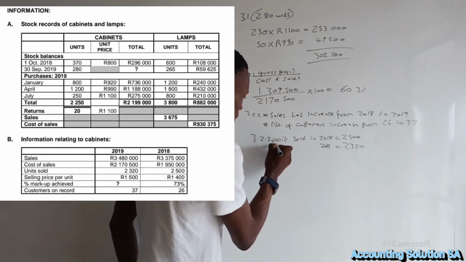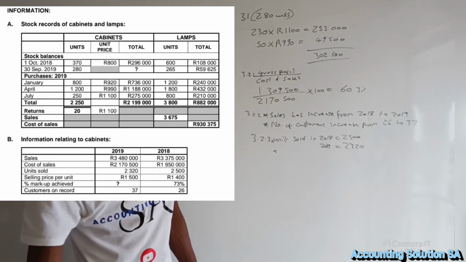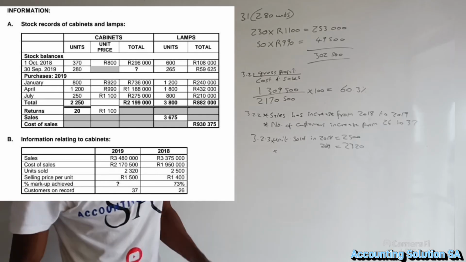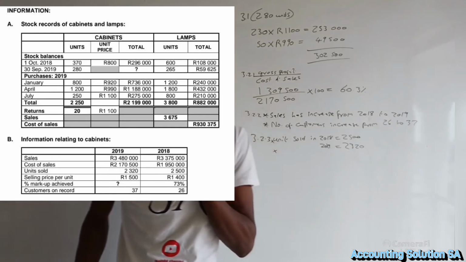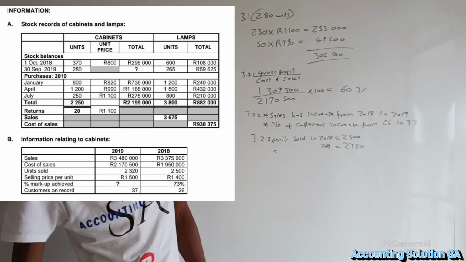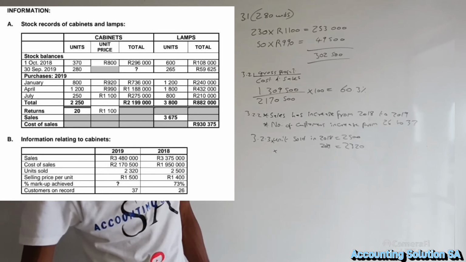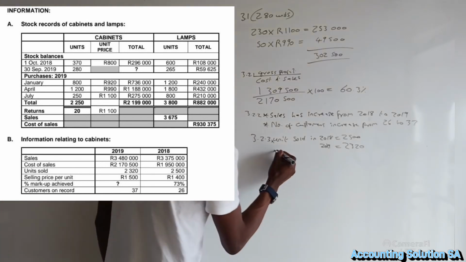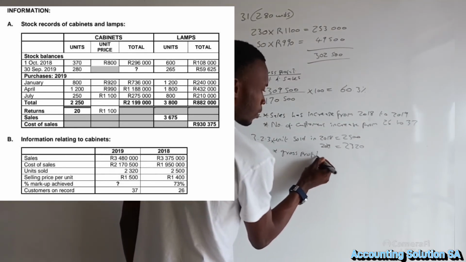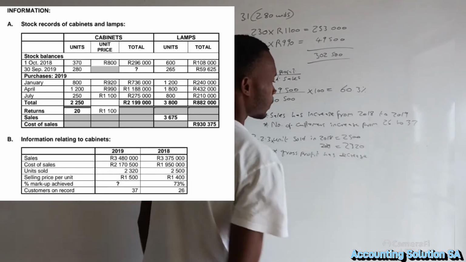Then another reason that we need to provide, let's check our table again. If you calculate the gross profit of 2018 by saying 3 million minus 1.950 and compare it with 2019, you will find that the gross profit has decreased.